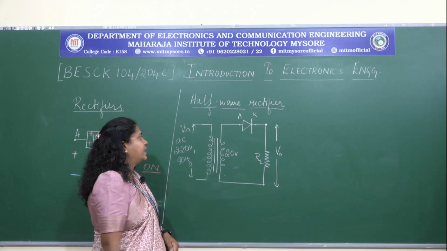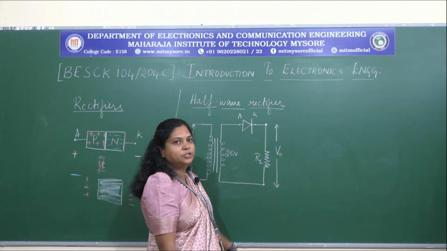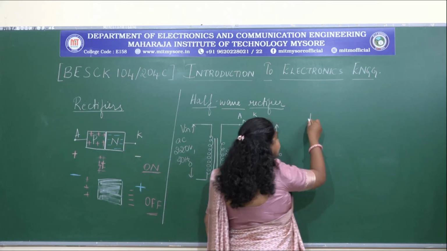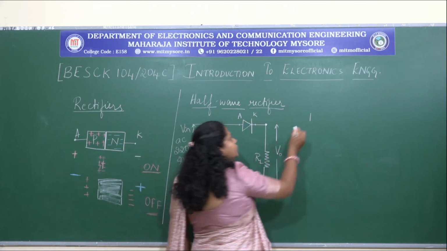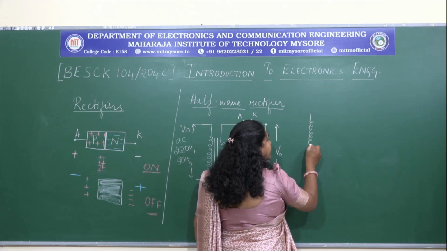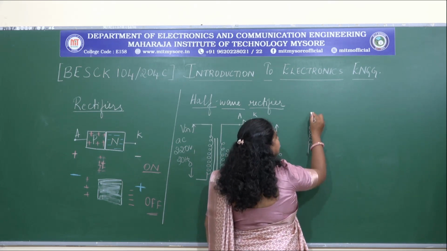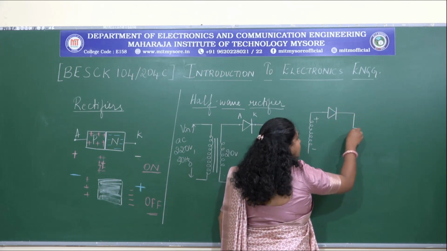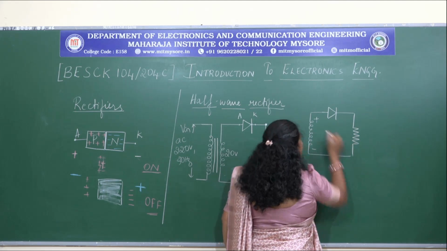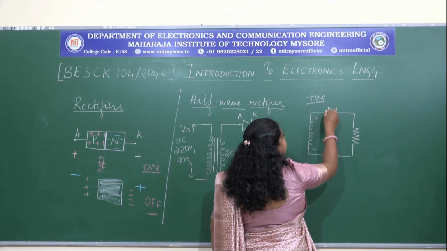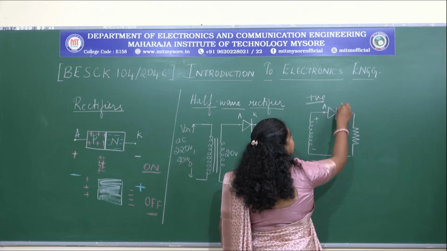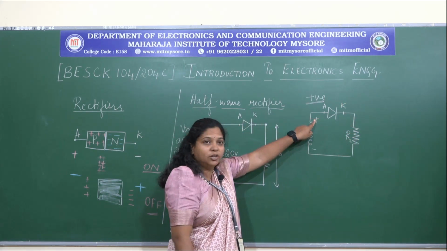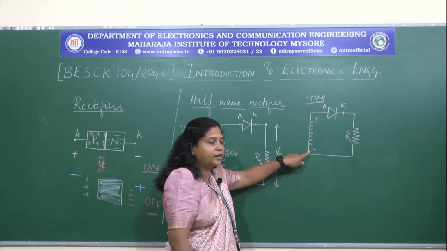Now let us see what happens during the positive half cycle. I will draw from the secondary side. Let us say this is the positive end and here we have the negative. We have a diode present here and the load resistance here. So during the positive half cycle, what happens to the diode? Anode is connected to positive and cathode is connected to negative.